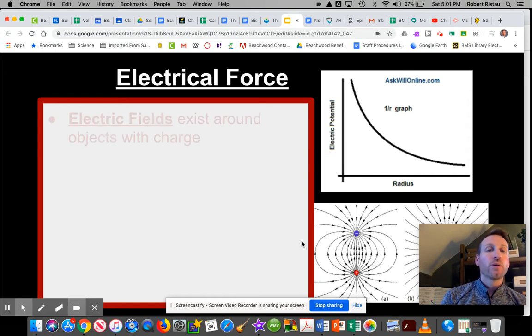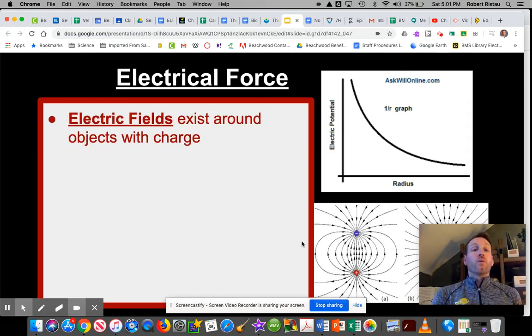All right, so we talked about the importance of what a field was. A field is this region of influence, right? Kind of that funny saying, that region of influence for electric fields and all non-contact forces. But the electric field is this region of influence that's happening for anything that has an electric charge, okay?